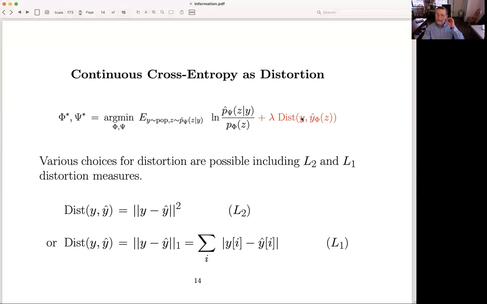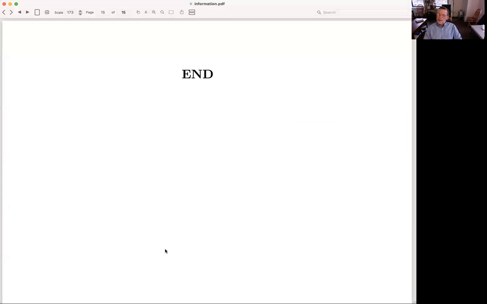And in practice, with a Gaussian model or any differential model, the differential cross entropy is really more meaningfully thought of as a distortion. And what we've seen is an L2 distortion. We just put a weight on this. But it's also common to use L1 distortion, where L1 distortion is just the sum over the components of the absolute value of the difference between these two. So that's a quick tour of differential entropy and how it's used in Gaussian VAEs, and I'll end there.